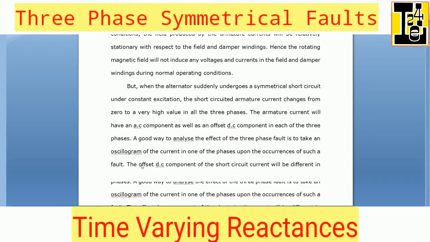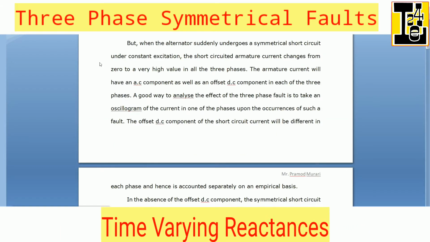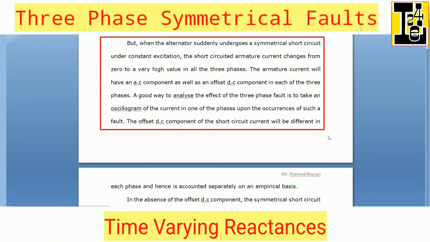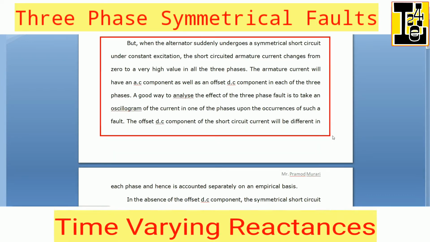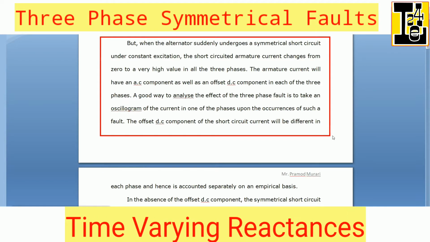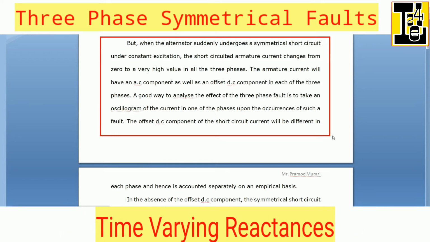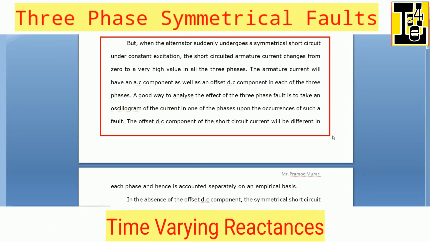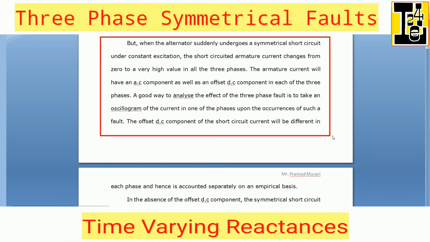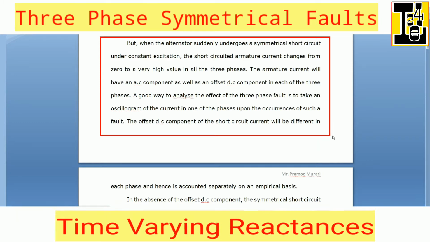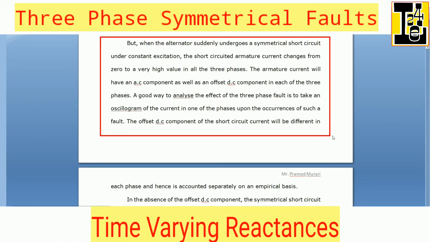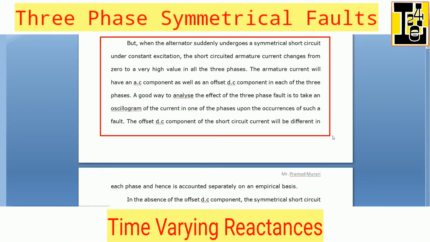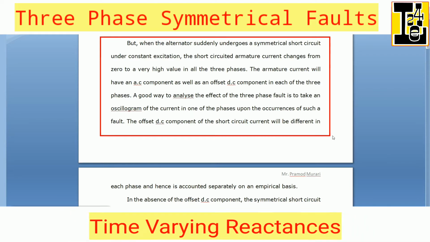But when the alternator suddenly undergoes a short circuit under constant excitation, the short circuited armature current changes from 0 to a very high value in all the three phases. The armature current will have an AC component as well as an offset DC component in each of the three phases.